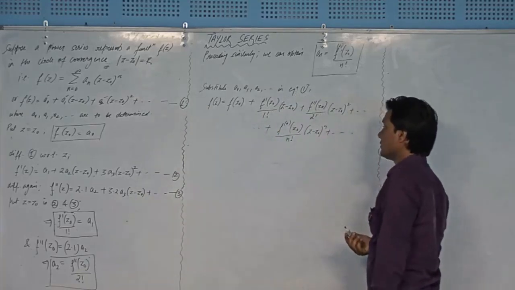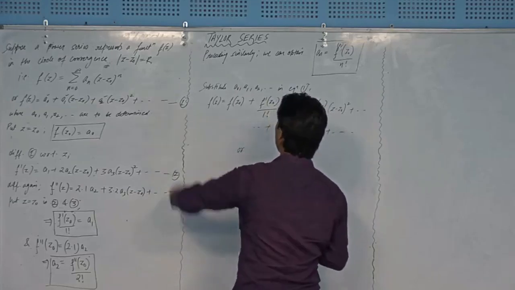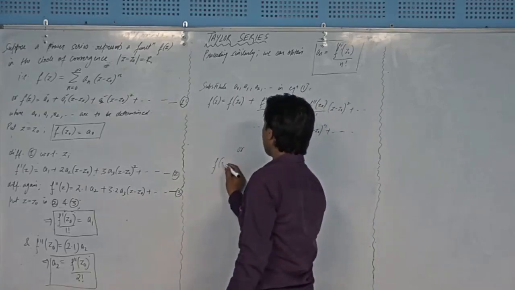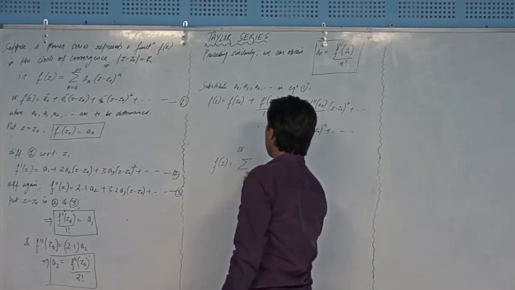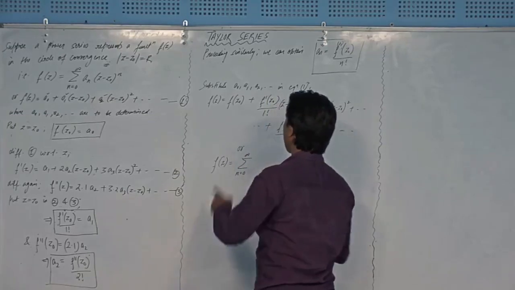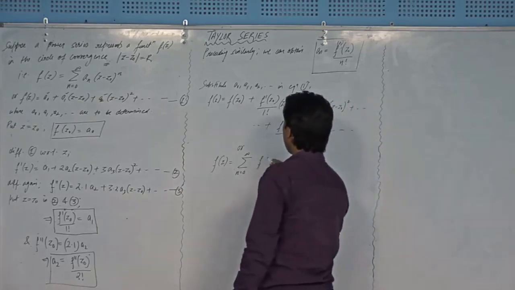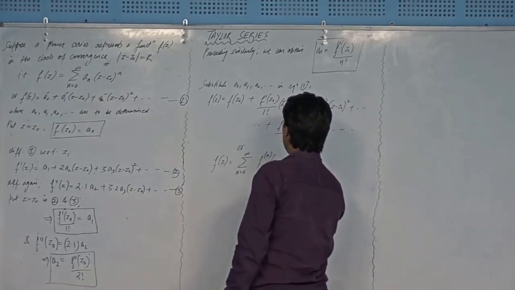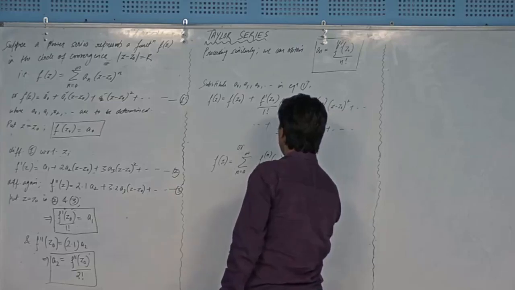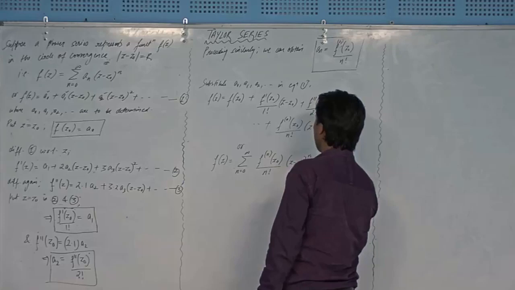So this is called Taylor series, or in summation form you can write it as f(z) equal to summation n equal to 0 to infinity, pick up its nth term, write f^(n)(z naught) over n factorial, z minus z naught to the power n, right?